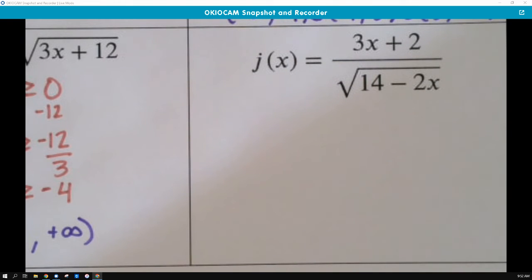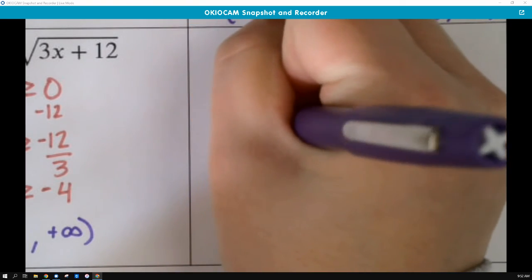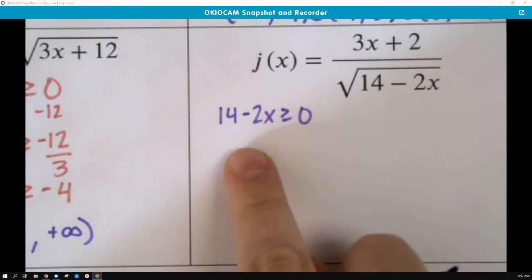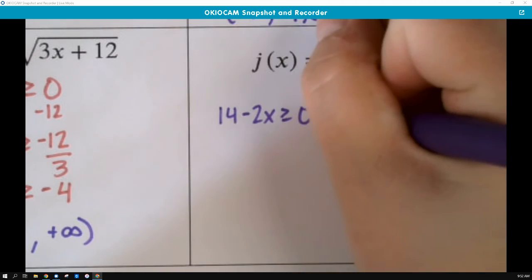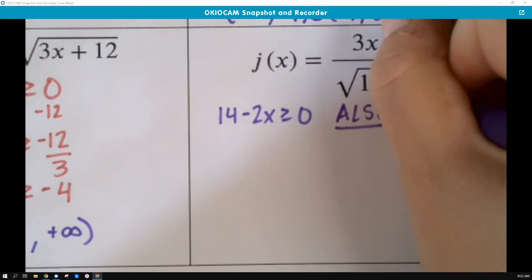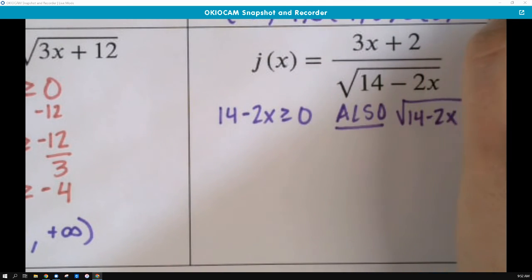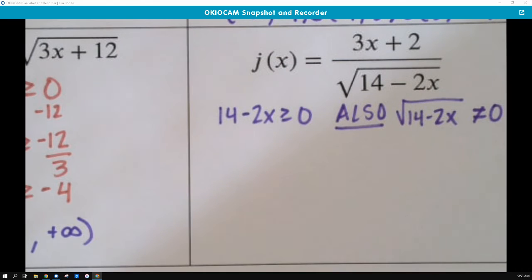So for this one, 14 minus 2x has to be greater than or equal to 0 because we cannot take the square root of a negative number. But also, this whole thing, the square root of 14 minus 2x, cannot equal 0 because we can't divide by 0.